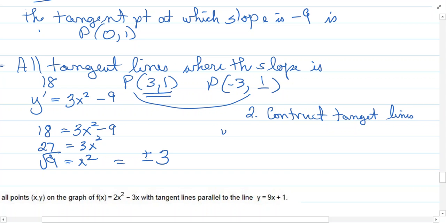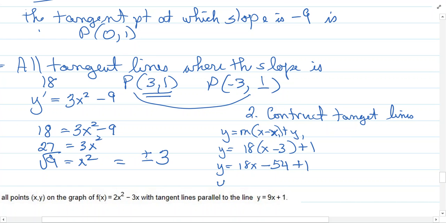All right, so we have y equals m parenthesis x minus x sub 1 plus y sub 1. Here we go. Y equals 18x minus the 3 plus 1. Y equals 18x minus 54 plus 1. Y equals 18x minus 53.